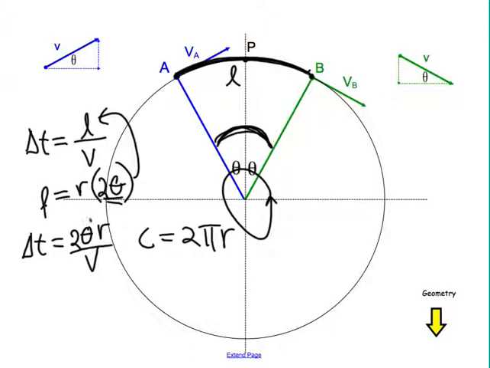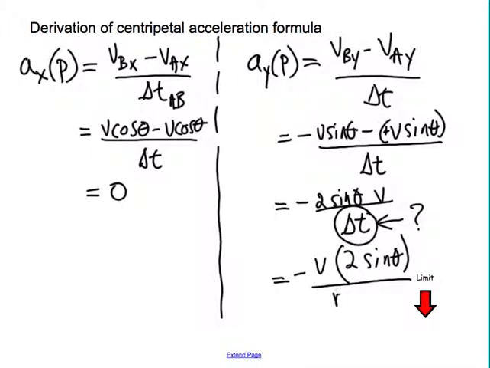Again, I'm going to take the geometry part out, so it's r over v times 2 theta. Now we notice the 2's cancel out, and what we have right here is my physics part, which is v divided by r over v.